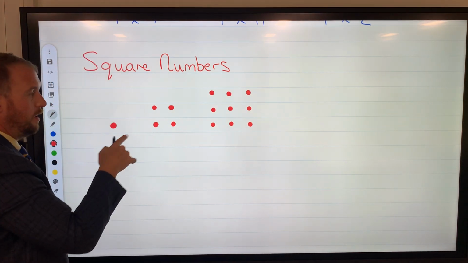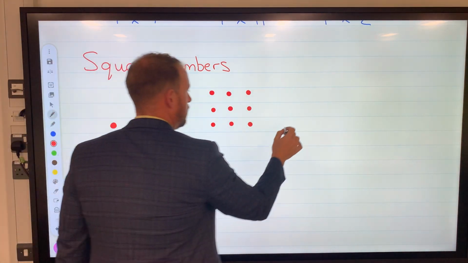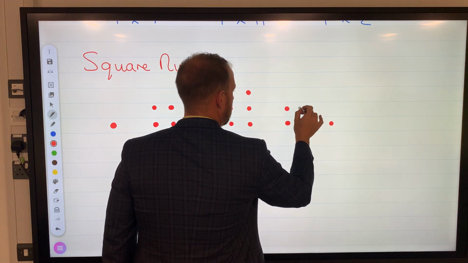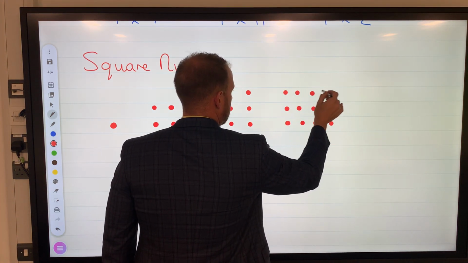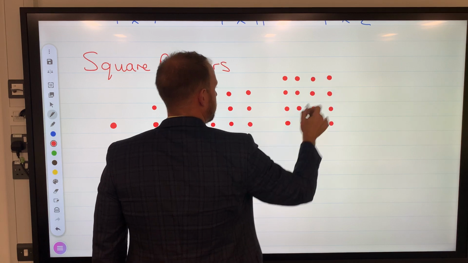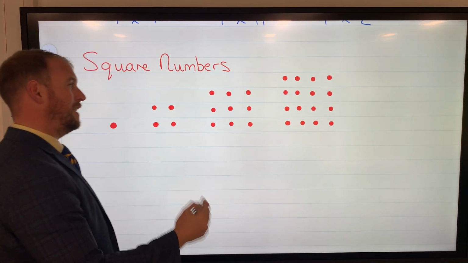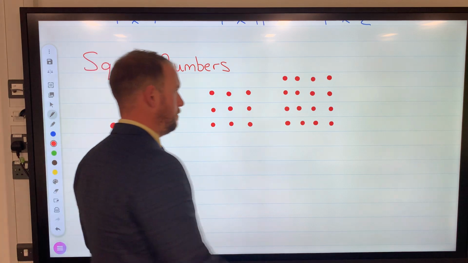I've drawn a square, 3 by 3, which is 9. 4 across, 4 up. 16 dots. 16 is a square number.